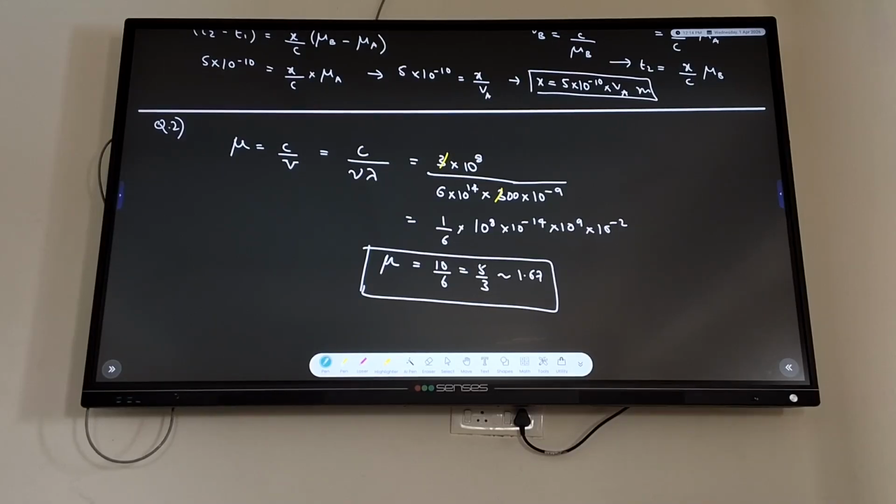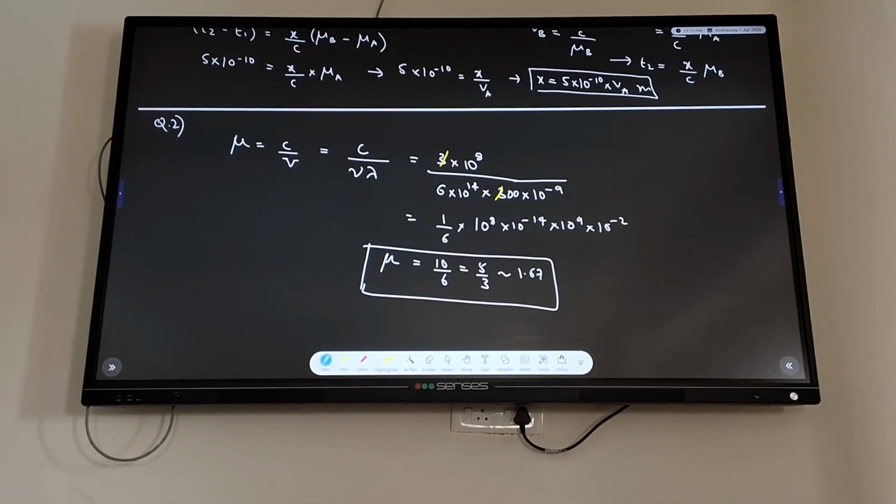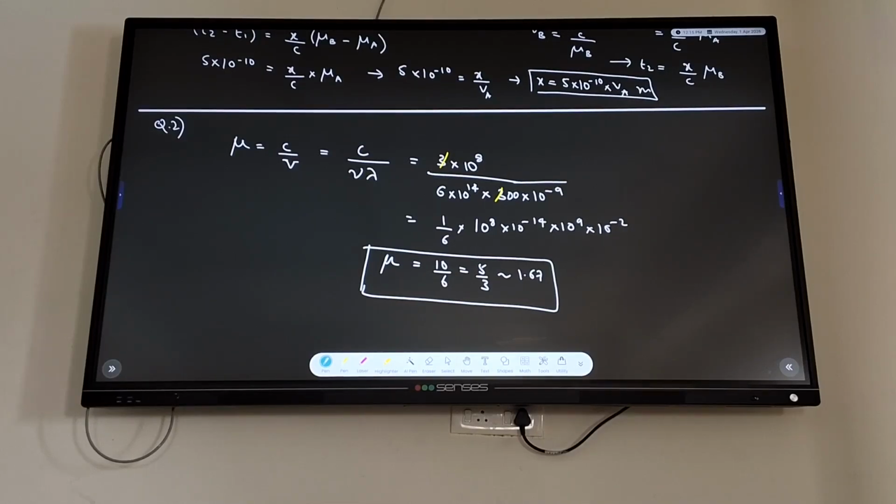It's not 1 into 10 to the power minus 7. I think even the power is wrong. Look at it carefully. The power is wrong. And don't approximate to 1. I think it will be something like 1.06. Calculate.